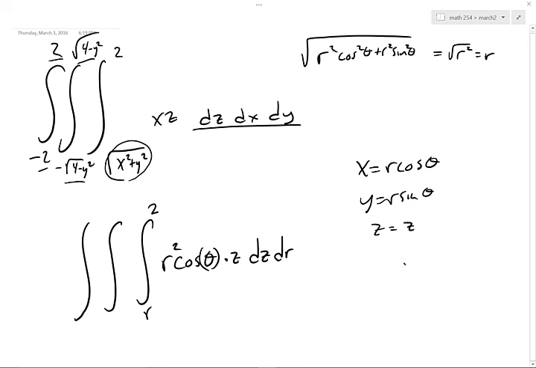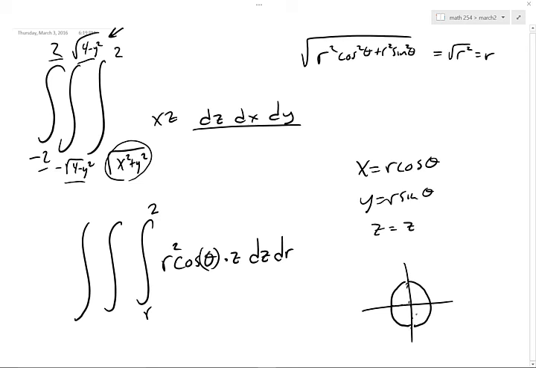So let's think about this. Here's the x and y plane. This is the top bound here. This is the other bound here. And then our y's go from down here up to here.